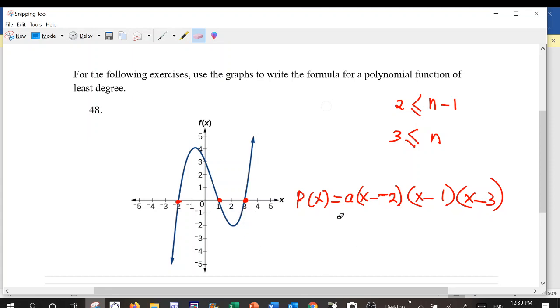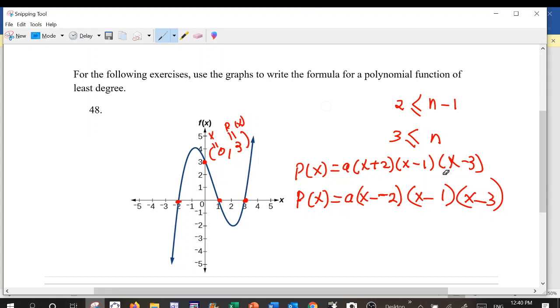Now, we don't know what a is, but we can get a point on the graph. That point is (0, 3). That means when x is 0, p of x is 3. First, I can simplify by writing a times x plus 2 instead of x minus negative 2.